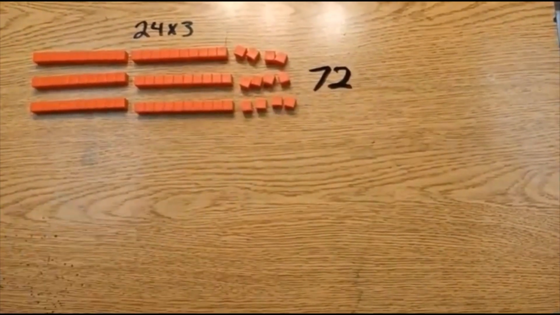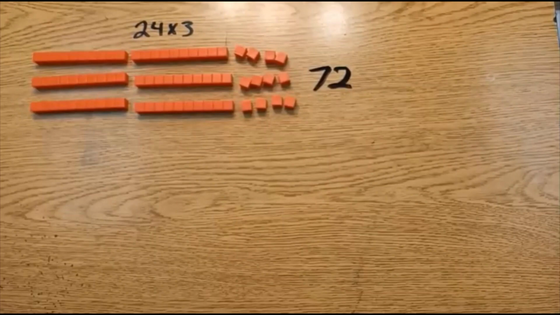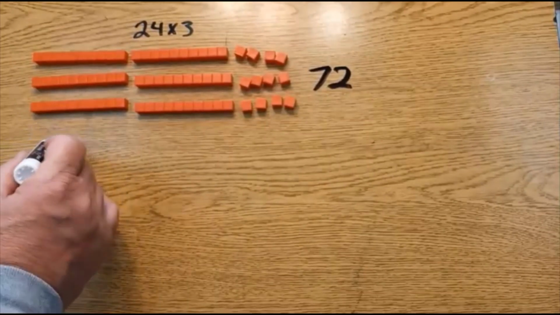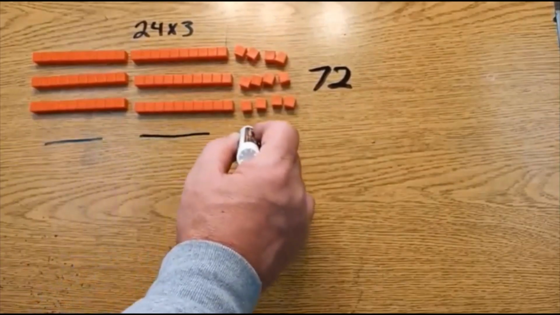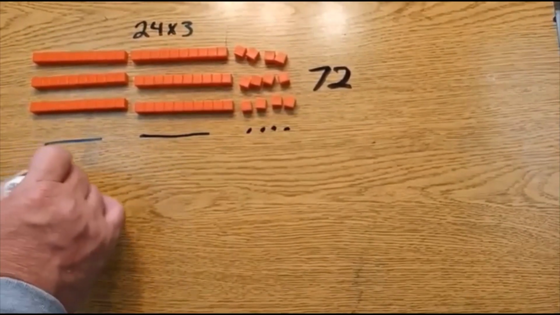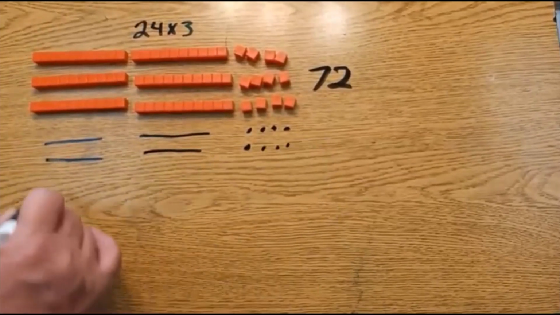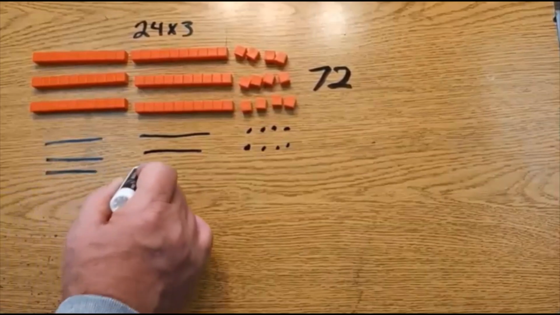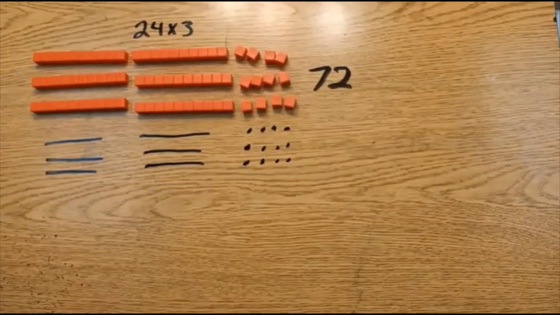So we're going to do a pictorial model for this also. Basically, I'm going to draw base 10 blocks to represent 24 times 3. So I would go ahead and draw a 10 long, so that's 20, and my units are dots. 4, that's once. 24 twice, and 24 3 times.